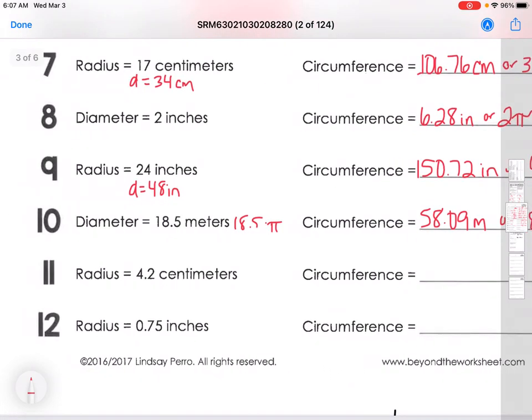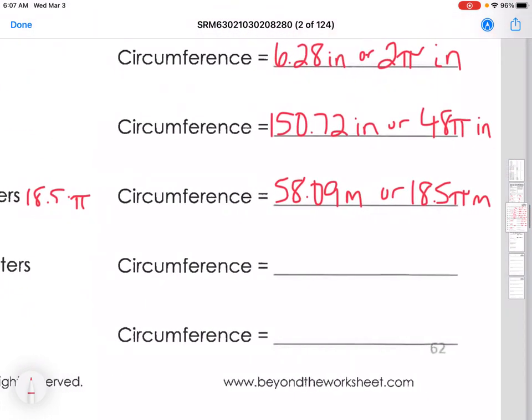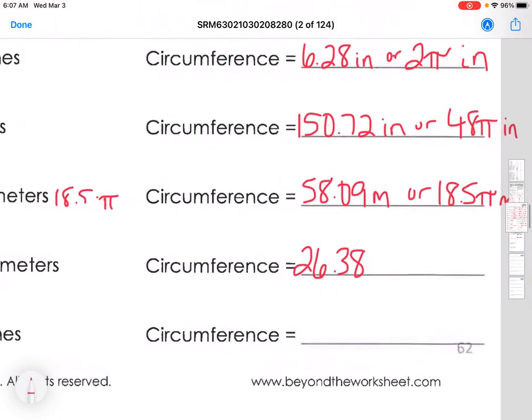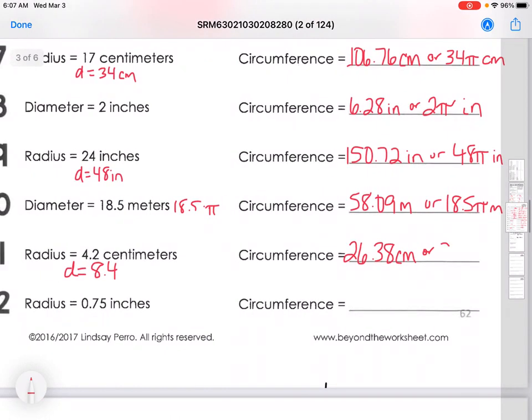If our radius is 4.2 centimeters, we have to multiply that by 2 to get our diameter. So our diameter is 8.4 centimeters. When you multiply with pi, so pi times the diameter would be approximately 26.38 centimeters, or 8.4 pi centimeters.